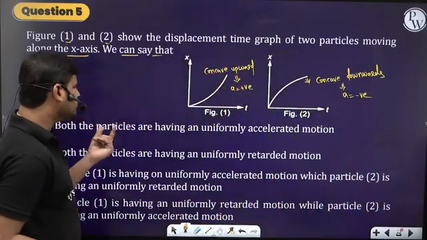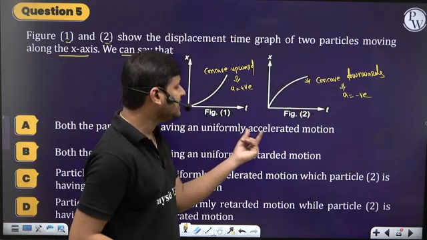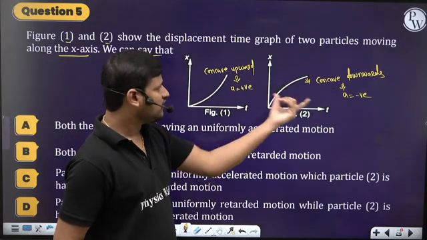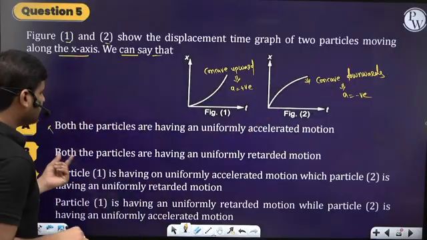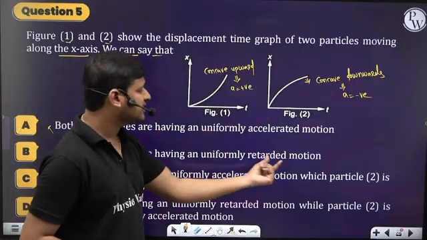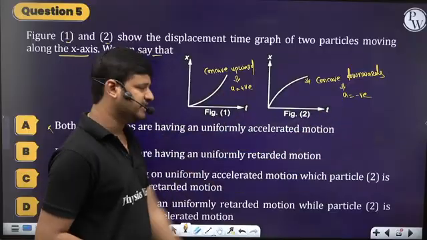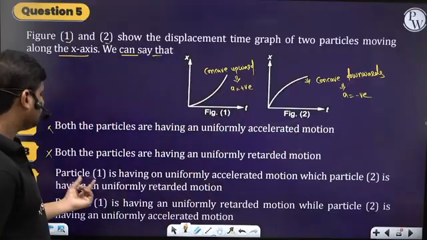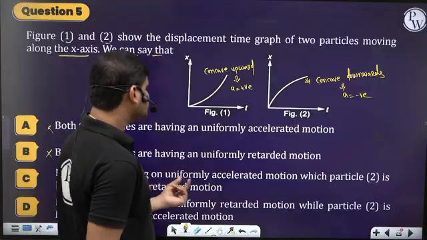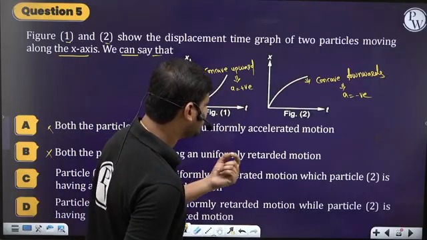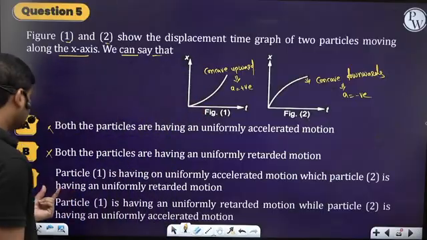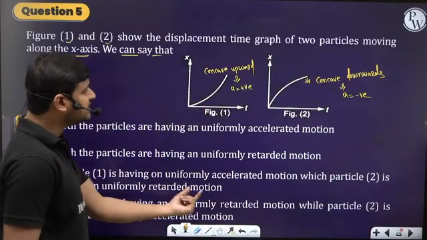So whose acceleration will be negative, or we can say it's decelerating or retarding. Here they said both the particles have uniformly accelerated motion. No, not uniformly accelerated. Acceleration changes. So this option is wrong. Both the particles have uniformly retarded motion? This is accelerating, this is retarding. So this is also wrong. Particle 1 has uniformly accelerated motion, yes, and particle 2 has uniformly retarded motion, yes.